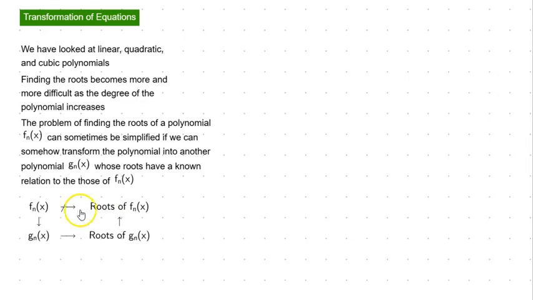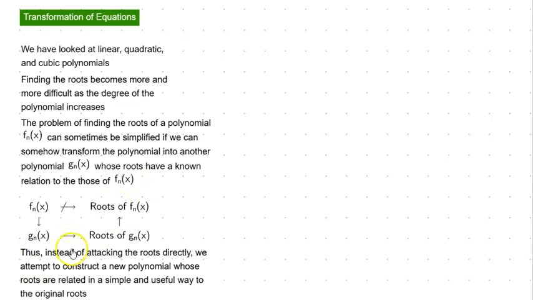So instead of directly going, we go via this path. Thus, instead of attacking the roots directly, we attempt to construct a new polynomial whose roots are related in a simple and useful way to the original roots.